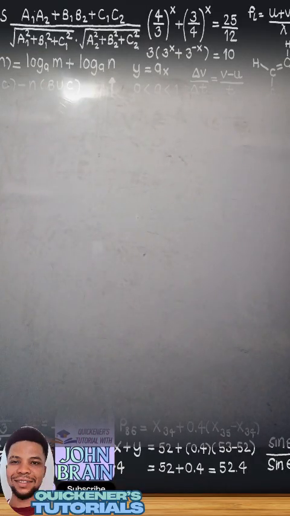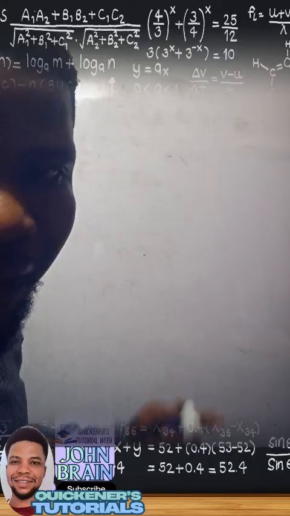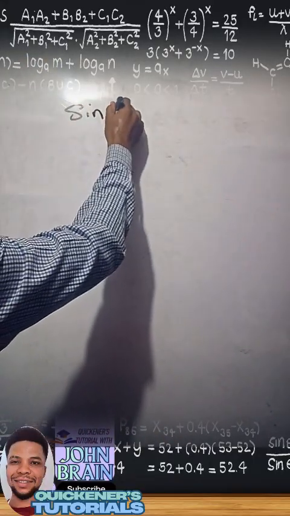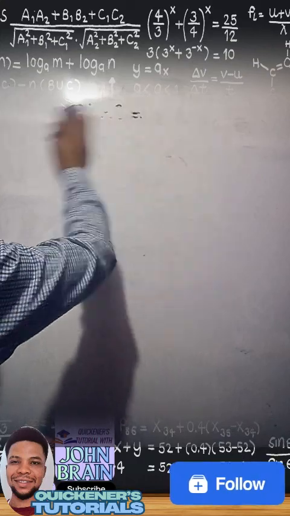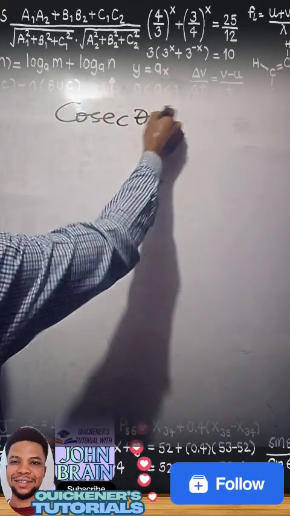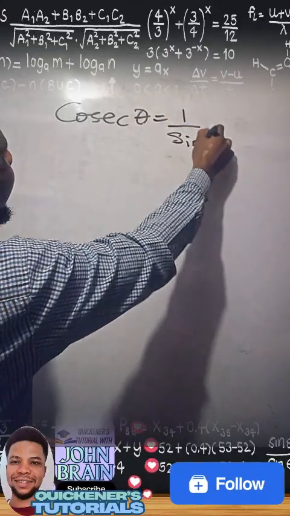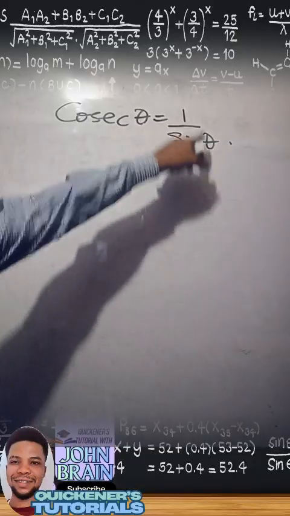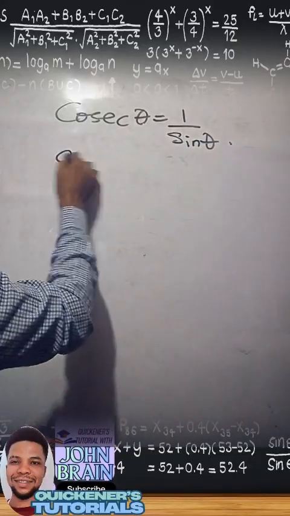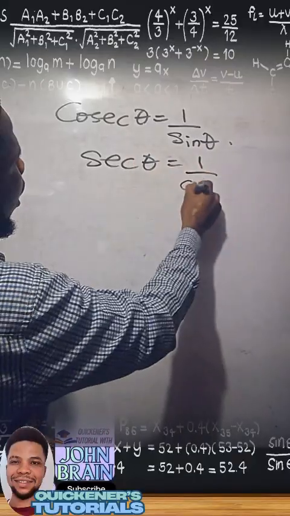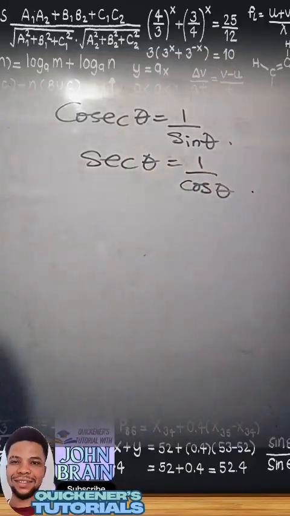The other ratios are the inverse of the normal ratios we have. Cosec theta is 1 over sine theta. Please take note. Cosec theta is 1 over sine theta. Now, sec theta is 1 over cos theta. Alright?